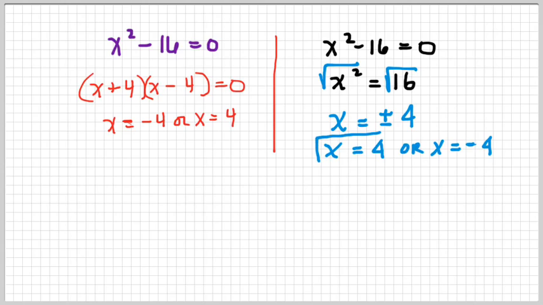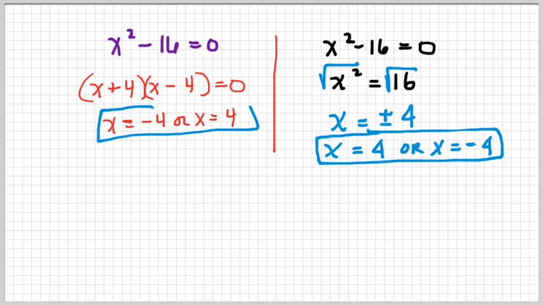Here I've solved it by taking the square root of both sides, and over here I've solved by factoring. Which one's easier depends on you as an individual. However, I will guarantee that this method of square rooting both sides is very powerful and should be used in certain cases expressly.